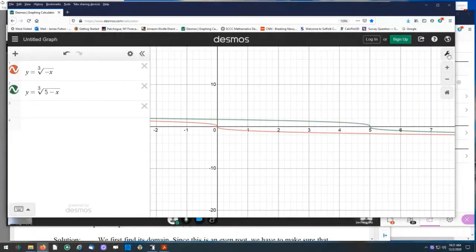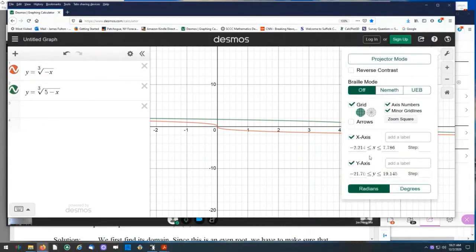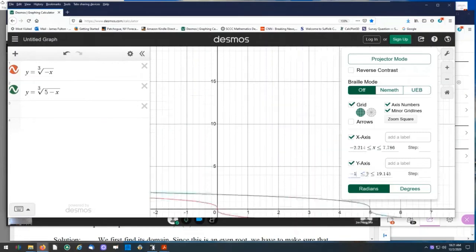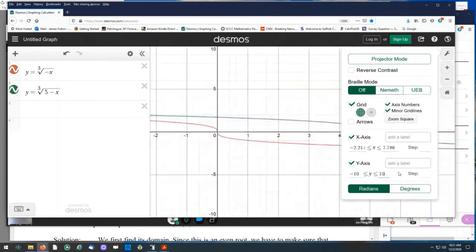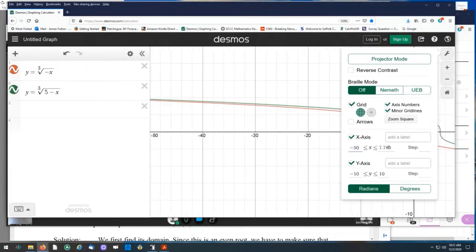And let me now show what happens as x gets large. We won't make y so large. Let's go from minus 10 to say 10. And let x now be very large. So say, minus 50 to say 50.